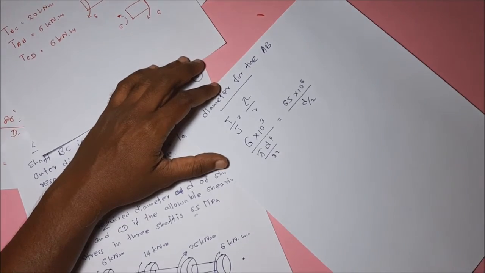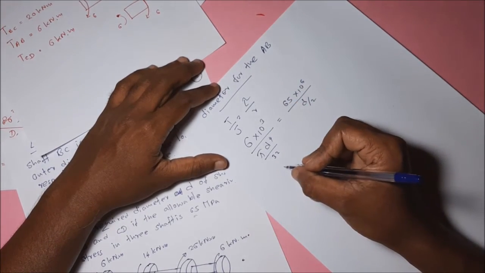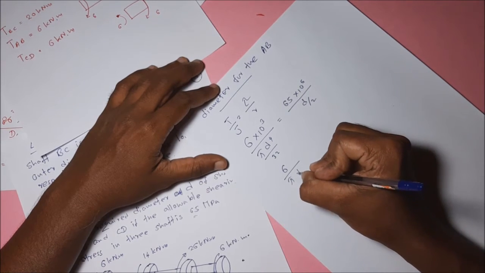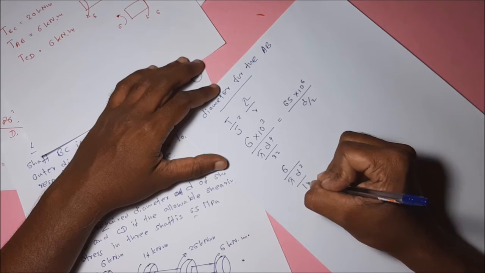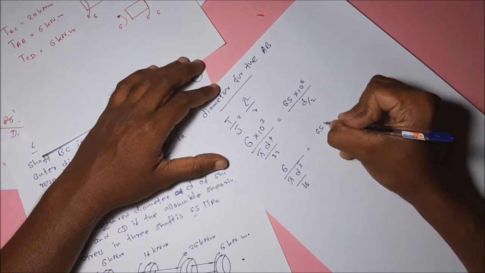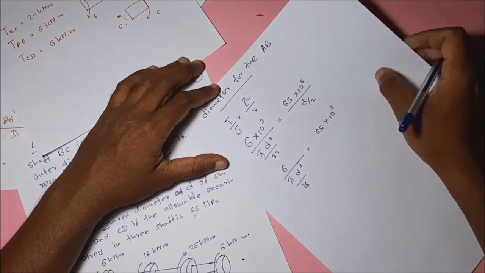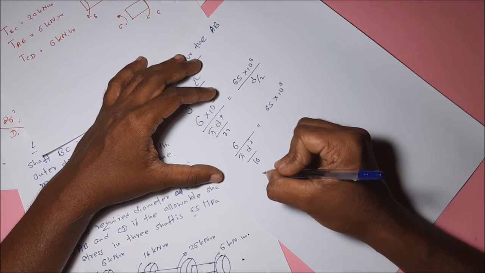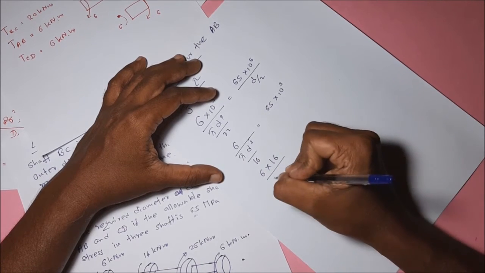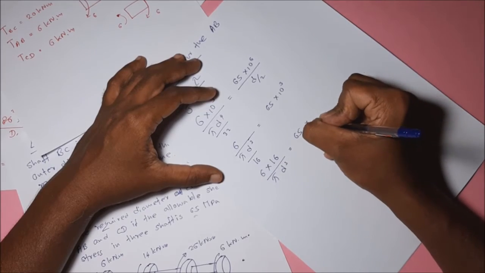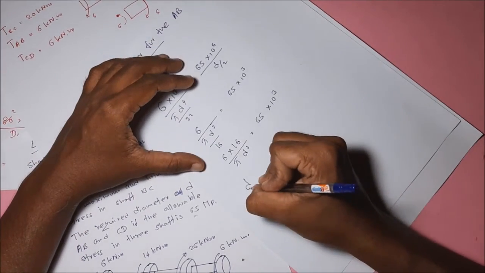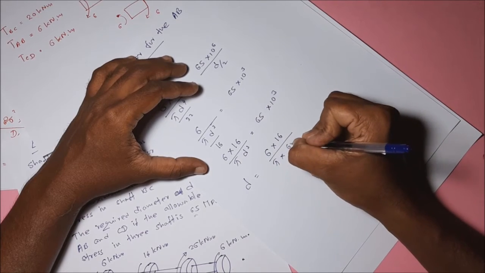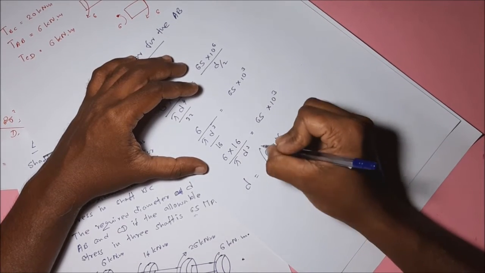In this equation just simplify: 6 divided by pi D cubed over 16 is equal to 65 into 10 to the power of 6. By making D the subject, D cubed equals 6 into 16 divided by pi into 65 into 10 to the power of 6.